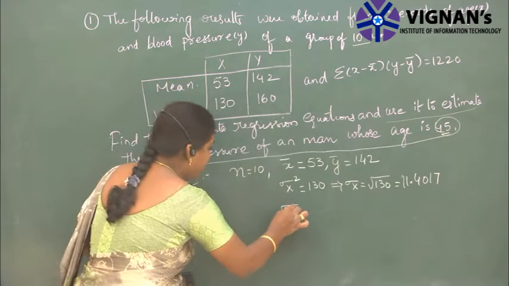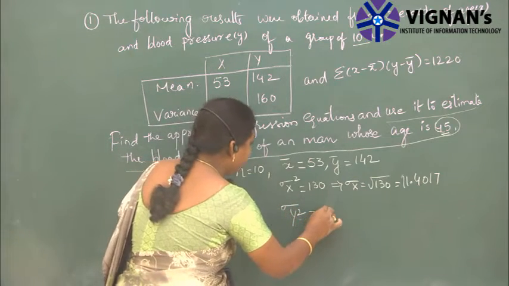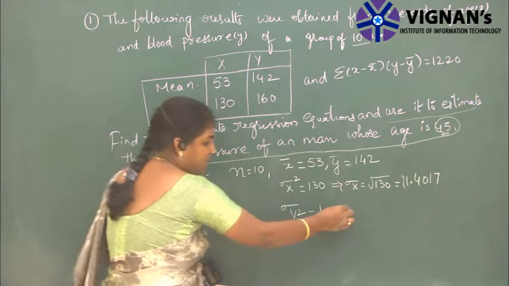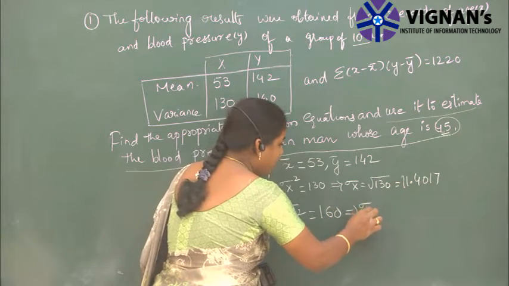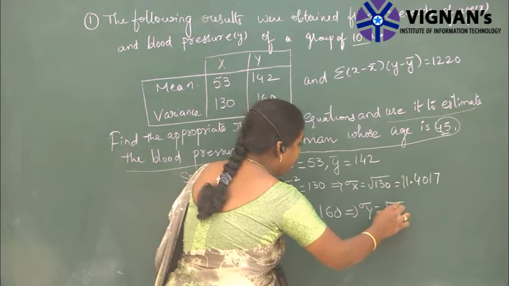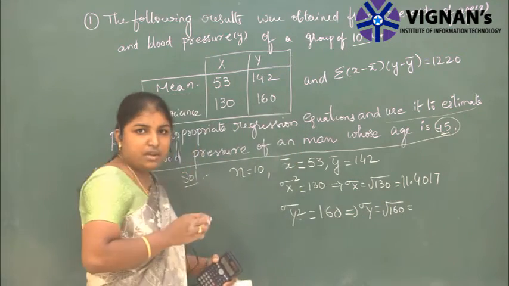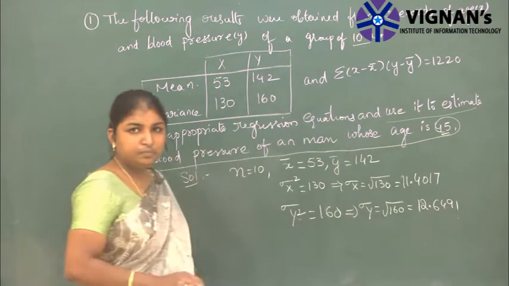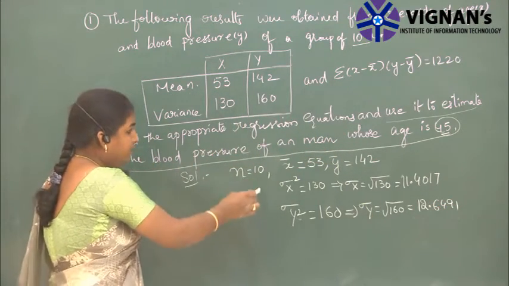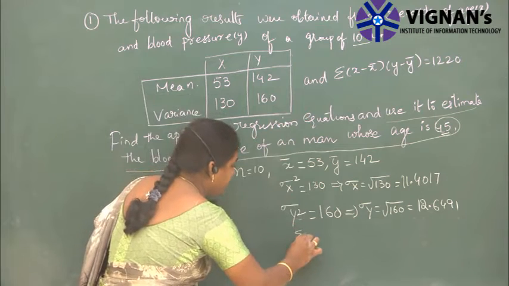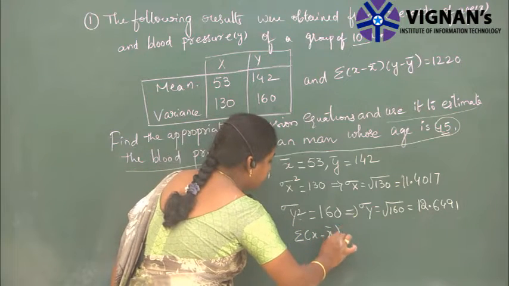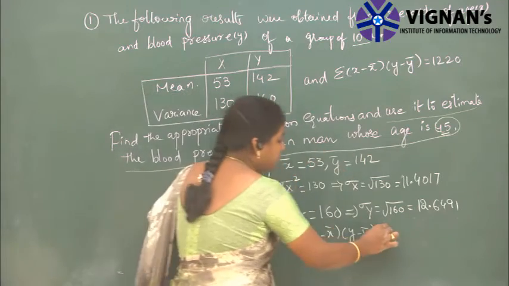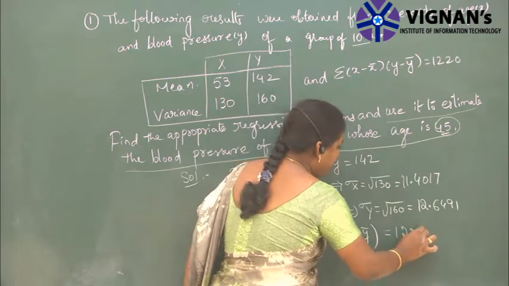Next, sigma y square is equal to 160, which implies sigma y is root over 160, equal to 12.6491. Also given is the summation of x minus x bar into y minus y bar, which is equal to 1220.